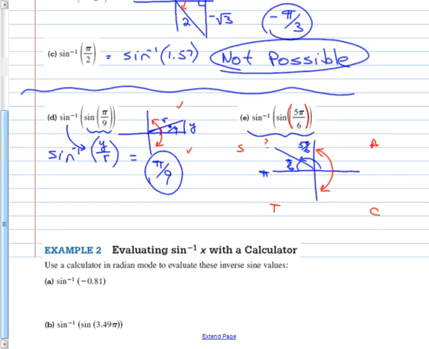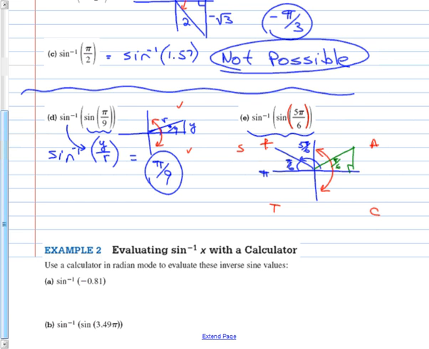Well, since it is positive here, where is it positive in our defined region? Right here, in quadrant 1. If I have a pi over 6 angle in quadrant 1, I'm going to get the same answer as a 5 pi over 6 angle over there in quadrant 2. They'll give me the same positive answer.